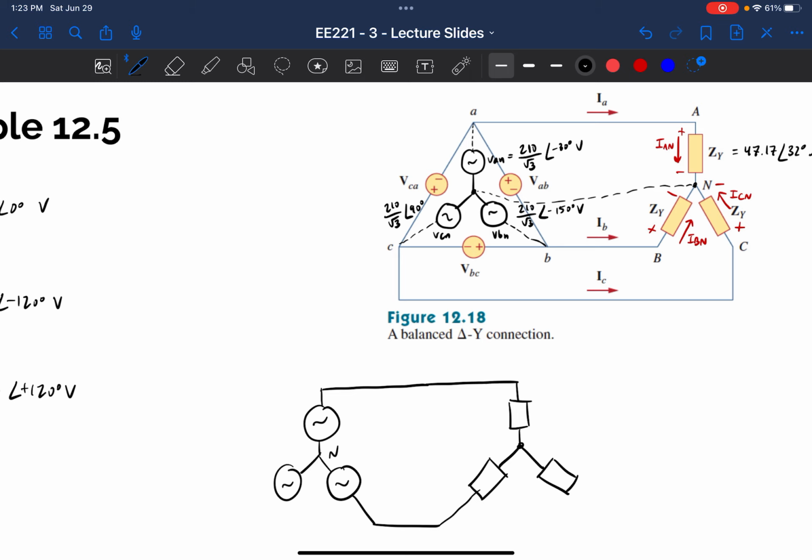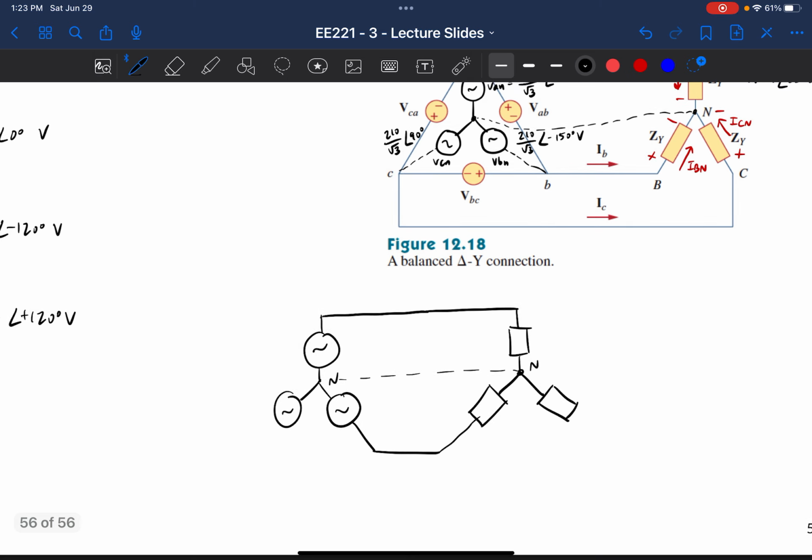Right, so this is the neutral, this is the neutral. Of course, there's an imaginary cable there that doesn't carry any current. This goes here, just like that. This is C, this is B, this is A.